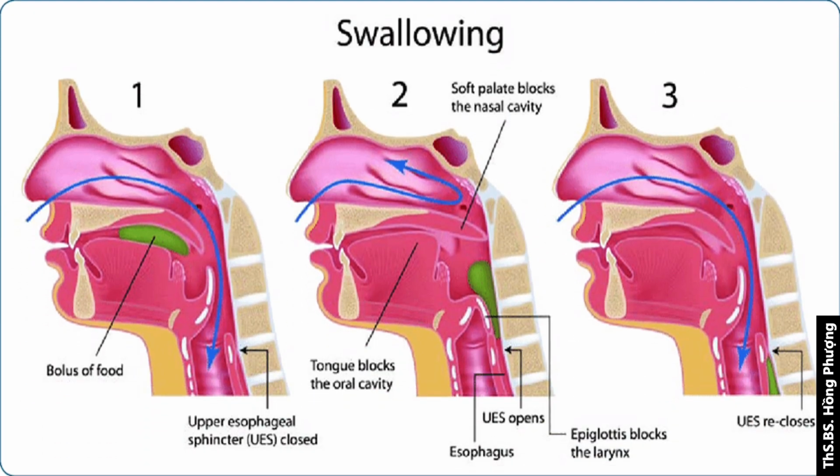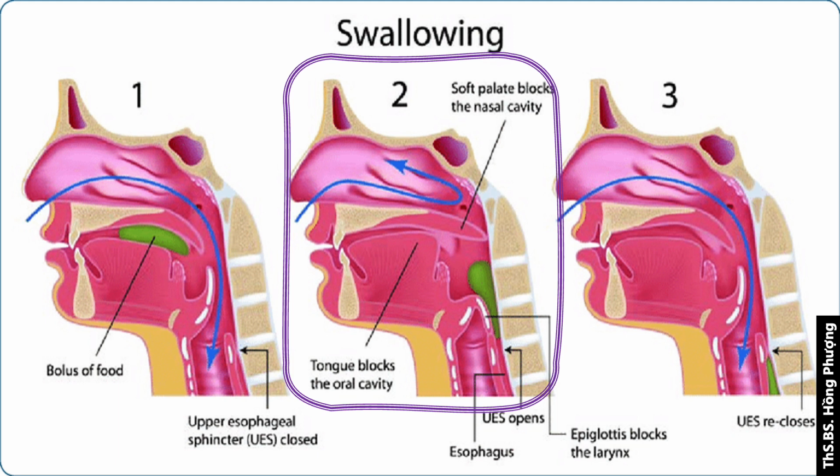So, swallowing is a continuous process consisting of 3 phases. However, during swallowing, the airway remains normal in the oral phase and esophageal phase, except for the pharyngeal phase.